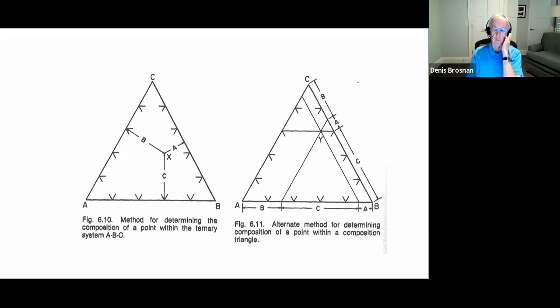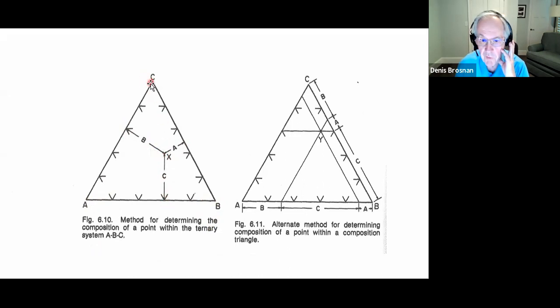Now, not too important for today's lecture, but really important for you is how to locate a point. So there are 2 ways to do it. If we have a point on the diagram and we want to see what the composition is, we can measure the distance A. That's actually A direction is in this direction right here. That distance we can measure from the point over to the axis in the B direction here.